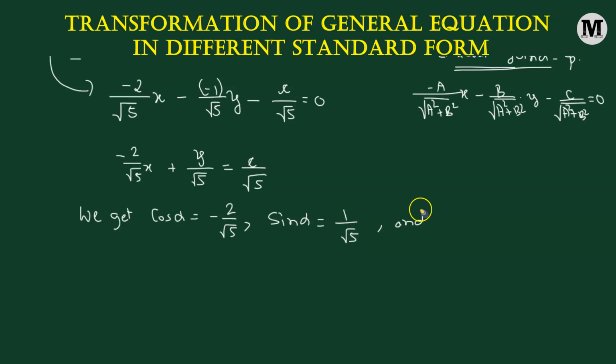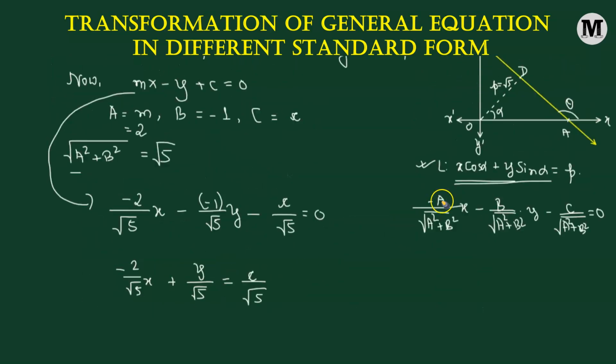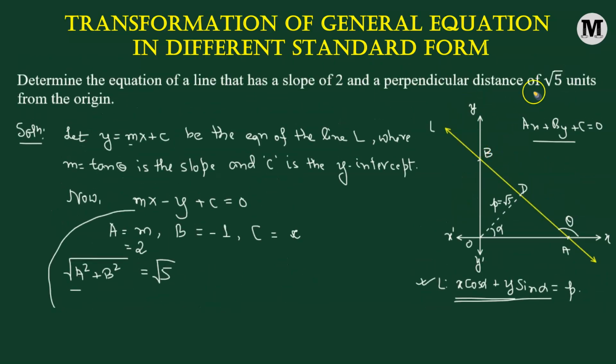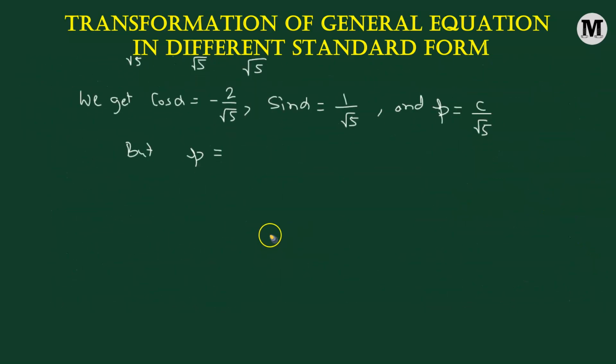And then the perpendicular distance P comes out to be equal to c over square root of 5. However, it's already given in the problem that the perpendicular distance P equals square root of 5 units, which implies in place of P, we have c over square root of 5 equals square root of 5. So solving for c, we're going to get 5 units. So here we have successfully obtained the value of c.